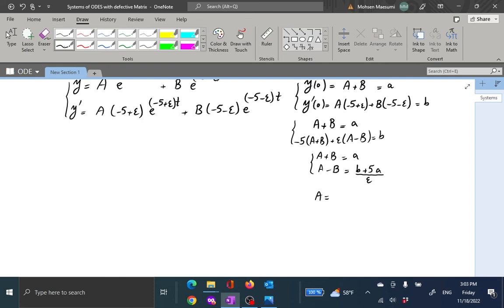I add these two and divide by 2. Is that right? So I'll have to divide by 2 the sum of these two, a plus b plus 5a over epsilon. How about B? Well, I subtract these two and divide by 2, so I'll have 1/2 of a minus b plus 5a over epsilon.